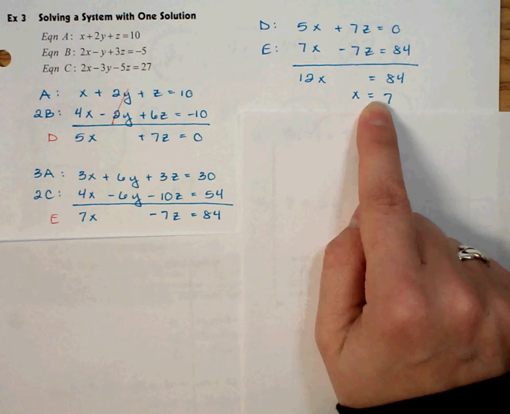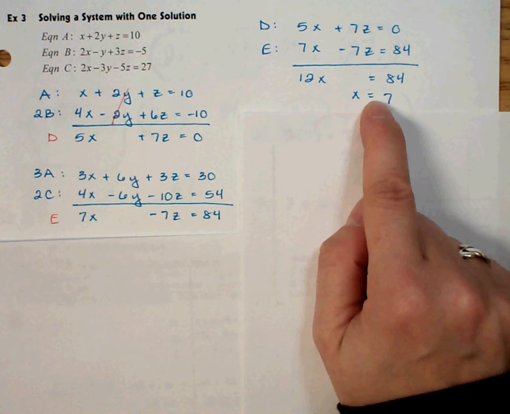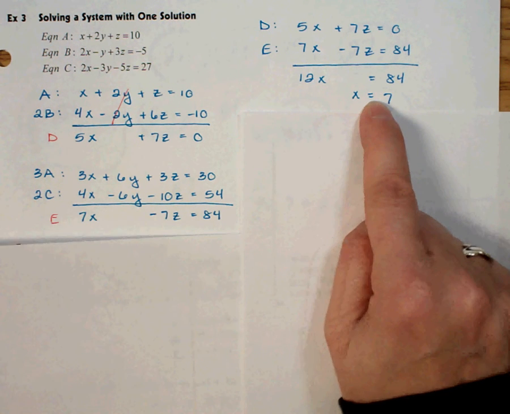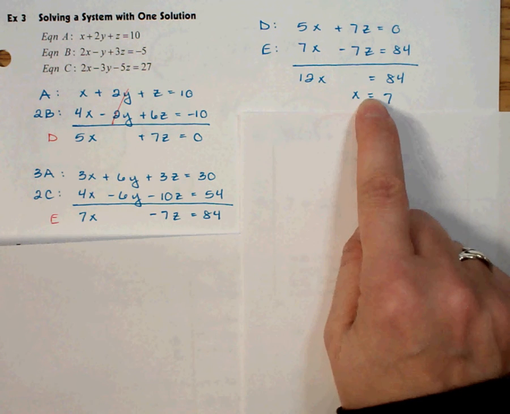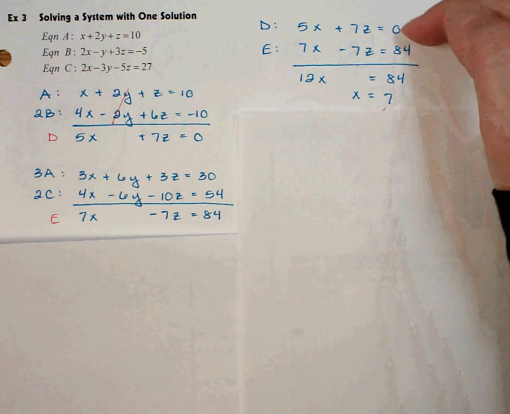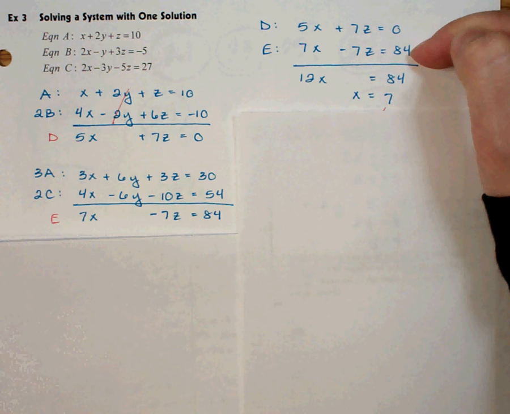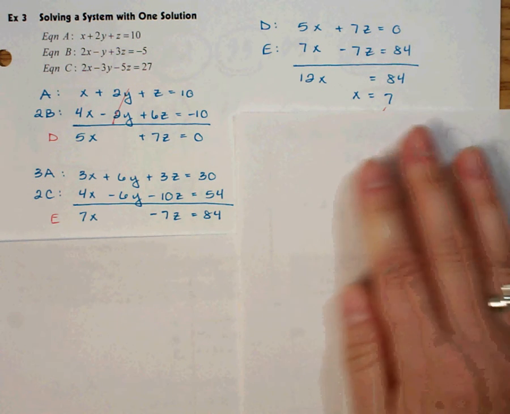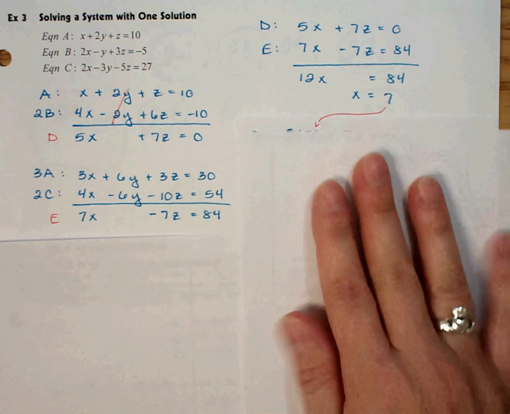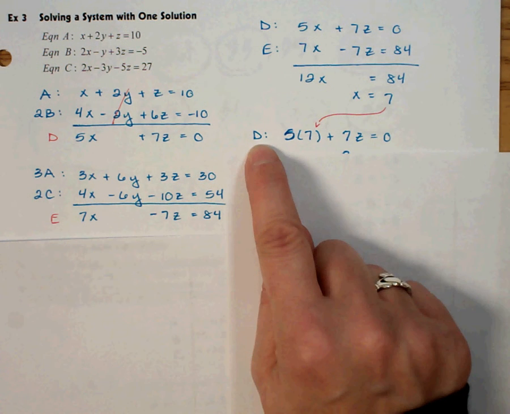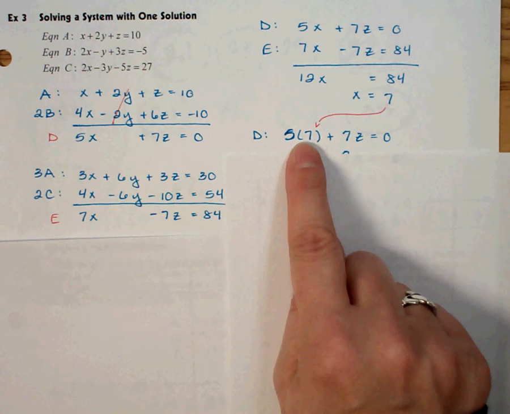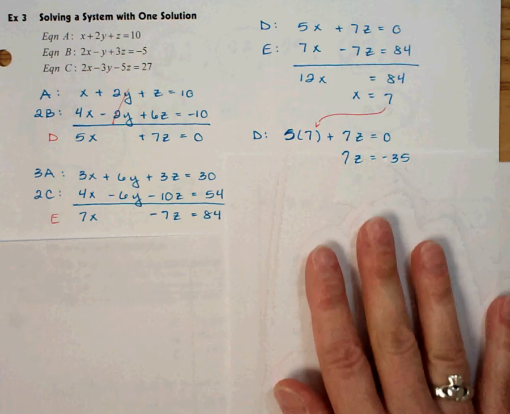At this point, I basically need to rewind everything that I've done, so I continue just working backwards. Now that I have x, I can substitute that back into one of my equations that only has 2 unknowns. So if I substitute x into my equation D, I could have done E, but I chose D. If I substitute x into D, I can now easily solve for z.